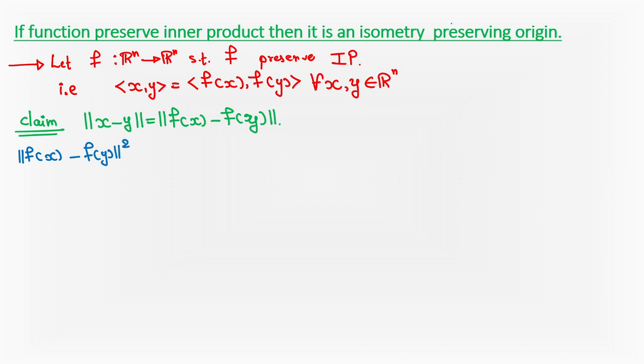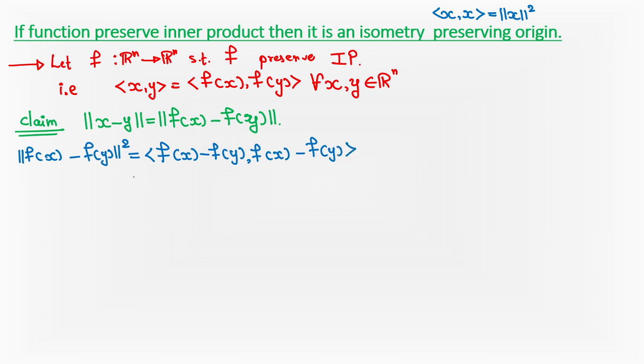Since we know the property of the inner product is that the inner product of x with x is the same as norm x square, I can write this norm square as the inner product of f of x minus f of y with itself. So it is going to be f of x minus f of y.